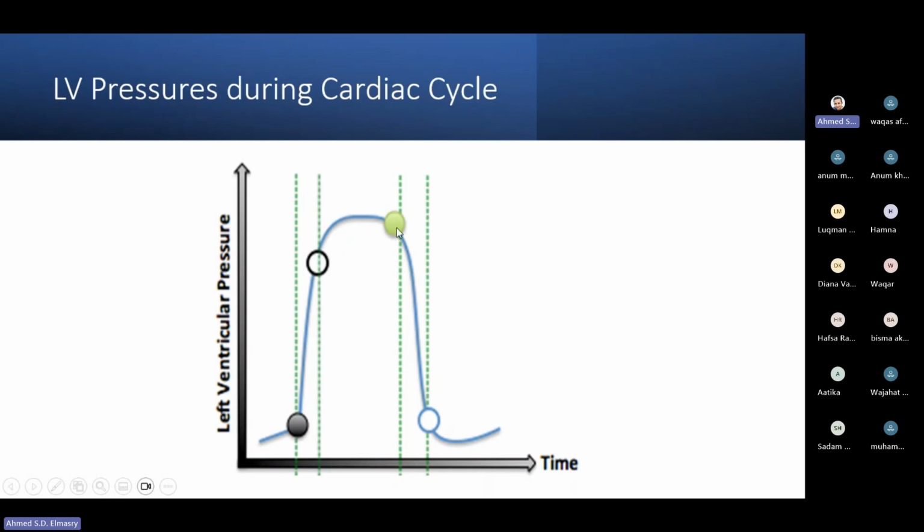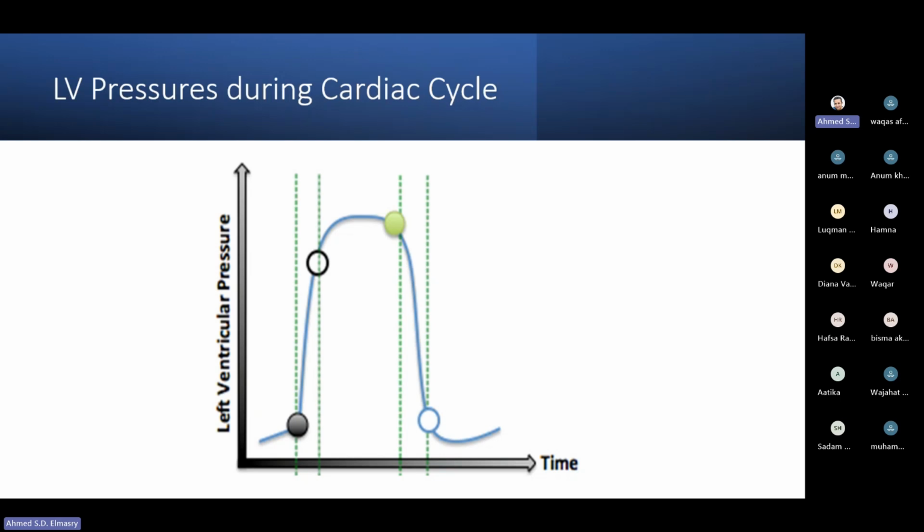And at this point, the aortic valve will start the closure to start the isovolumetric relaxation phase, because the aortic valve is closed, and at the same time the mitral valve is closed, and the ventricle will start the relaxation. So you will notice a drop in the pressure inside the left ventricle during the isovolumetric relaxation phase.